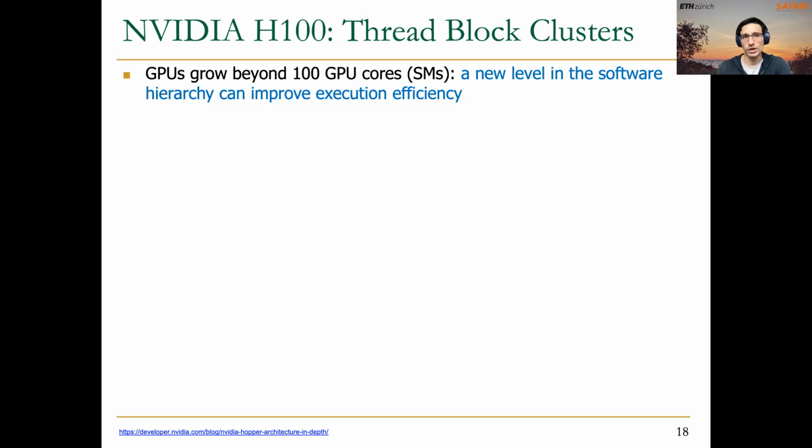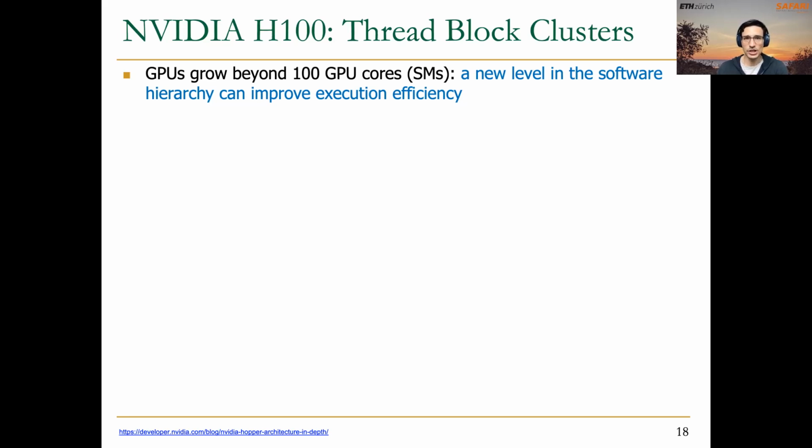One interesting observation is that in recent times the size of GPUs has increased, and they have more and more GPU cores. We have seen since the Volta architecture that the most powerful GPUs have almost 100 GPU cores or even more in the A100 and H100 GPUs.